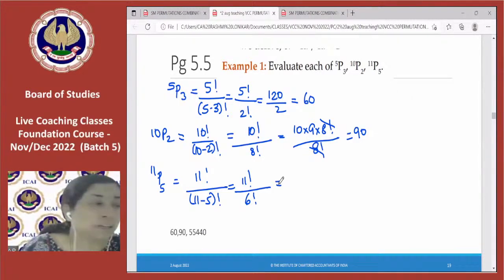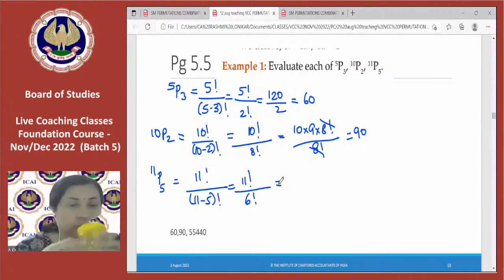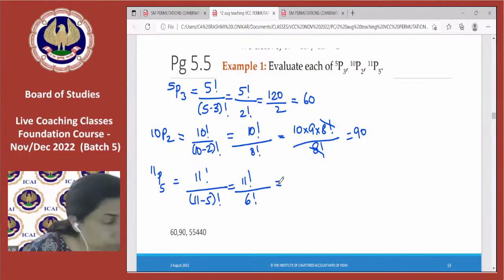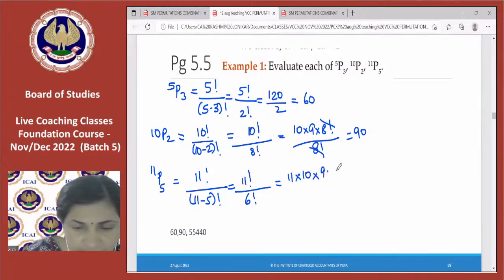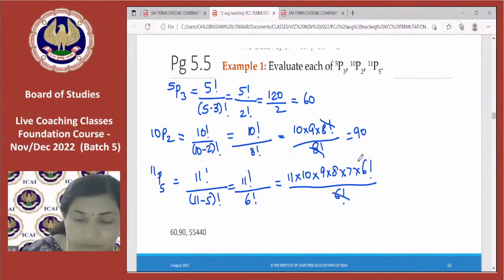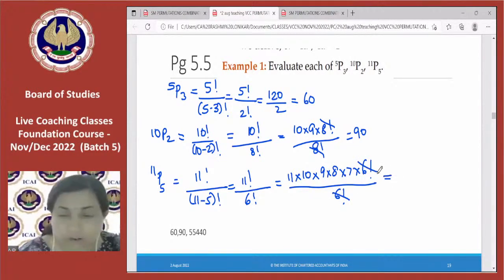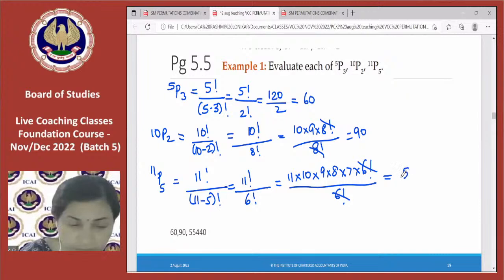But in the exam, you may face difficulty going up to 11 factorial. So I will write this as 11 into 10 into 9 into 8 into 7 into 6 factorial upon 6 factorial. 6 factorial will cancel out and you are left with 55440.